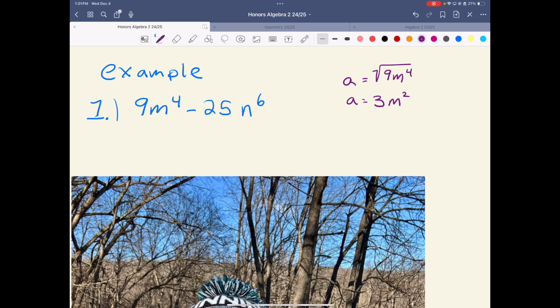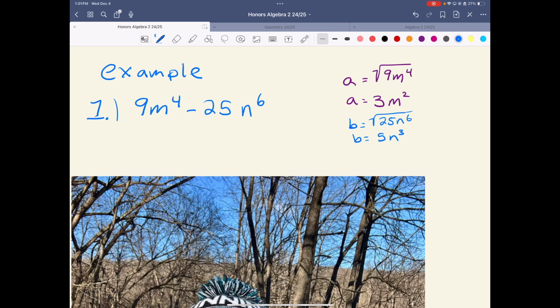So there's my a value. My b value is going to be the square root of 25n to the 6th. Square root of 25 is 5. The square root of n to the 6th is n to the 3rd. When you're doing radicals, if you've got a variable, just divide your exponent by whatever root you're taking.